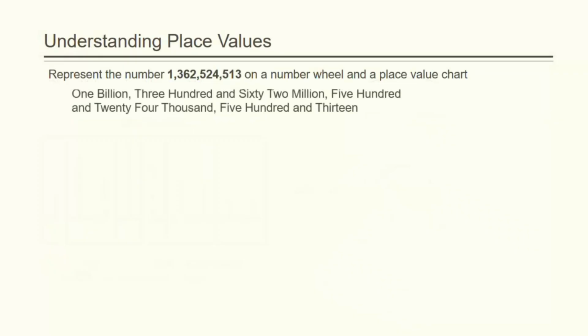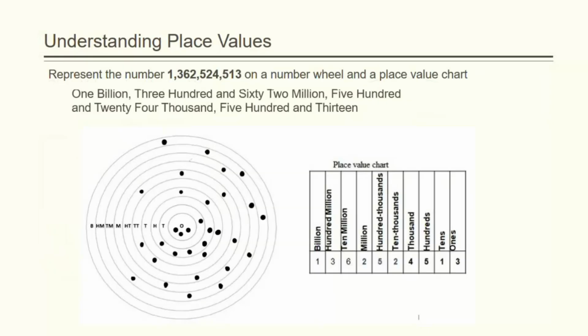This is 1,362,524,513. Again, 1,362,524,513. So let's see how it shows on both the number wheel as well as the place value chart.